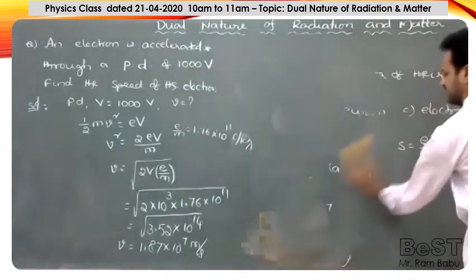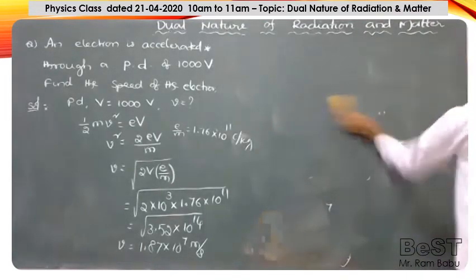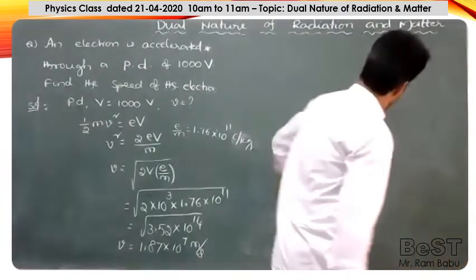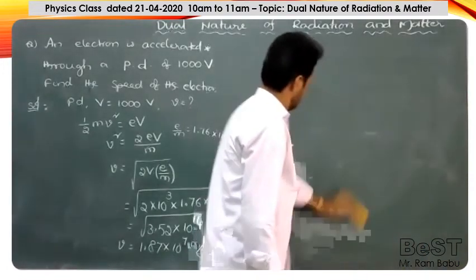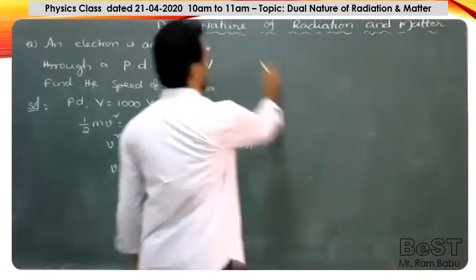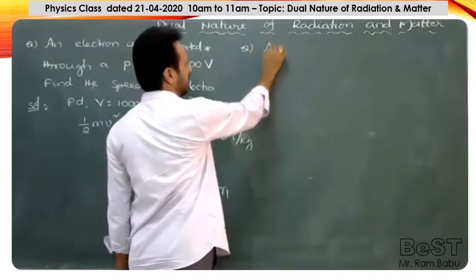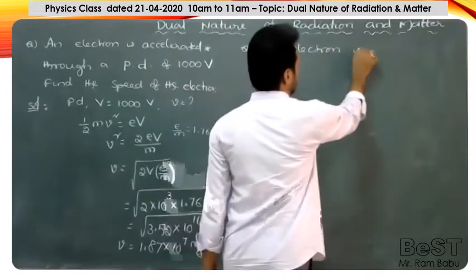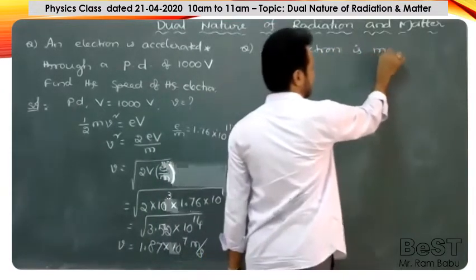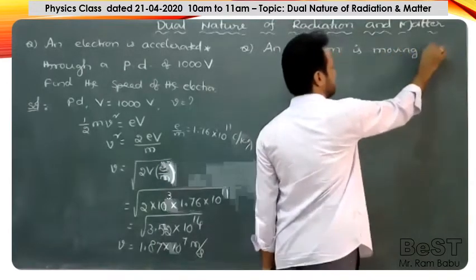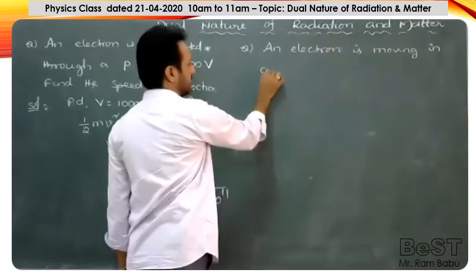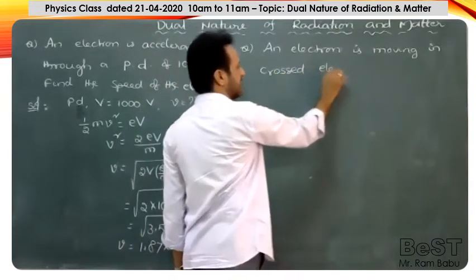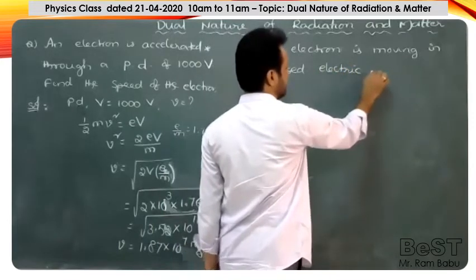And one more question based on this Thomson methodology for competitive exams, try this question also. So the question I am writing here: an electron is moving in crossed electric and magnetic fields.